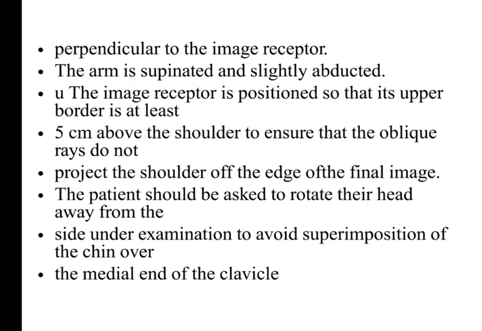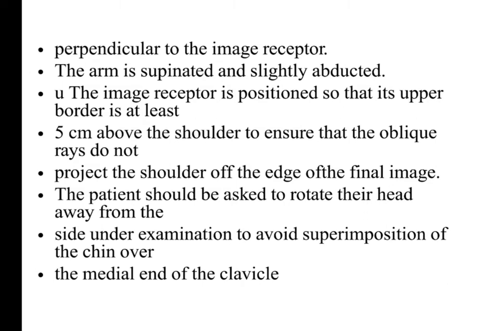The image receptor is positioned so that its upper border is at least 5 cm above the shoulder to ensure that the oblique rays don't project the shoulder off the edge of the final image.